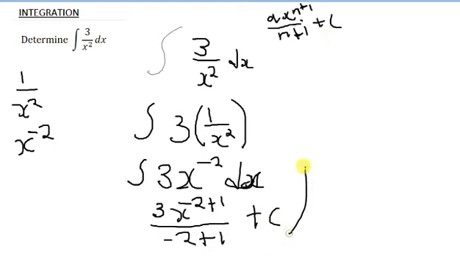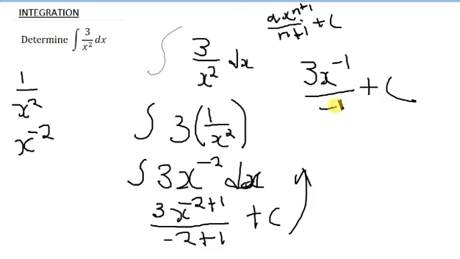So how are we going to do that now? If we put our 3 there, we're going to say 3x. So what is negative 2 plus 1? It will give you negative 1 over negative 1, like that, plus c.